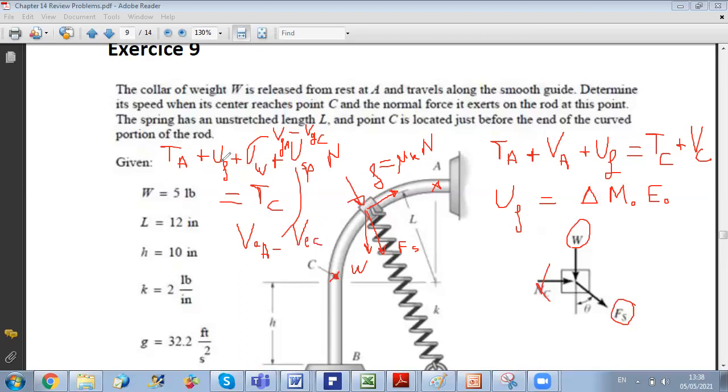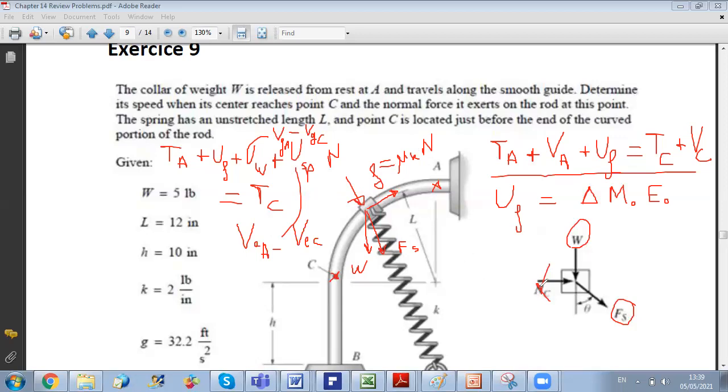So if you rearrange your terms here, you will go back to this relation: TA plus VA, where V represents the total potential, including gravitational plus elastic, plus the work of friction will give you TC plus VC. So in this case, I just should add the computation of the friction work. And to get the friction work, it is complex here.